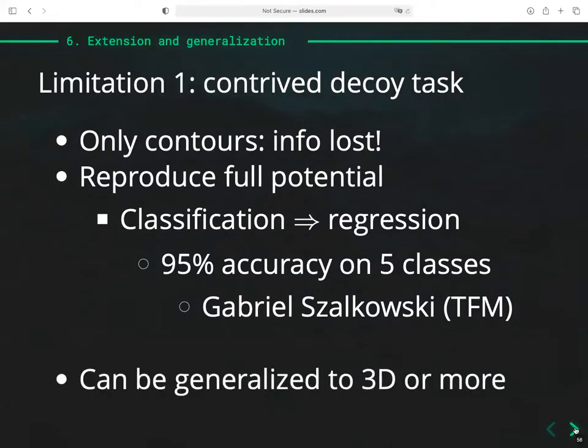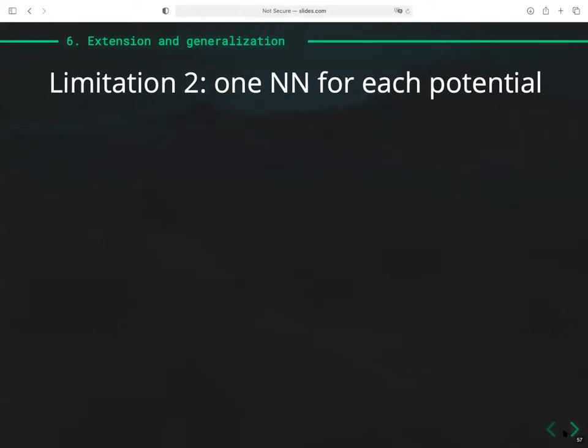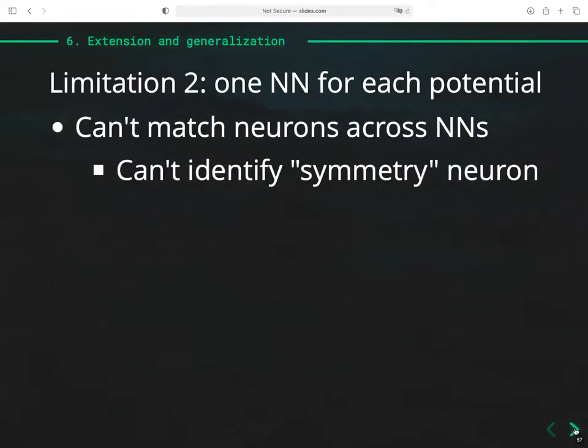The second limitation is what I said: we're training 1 neural network for each potential. So we can't really single out the neuron that has information on what symmetry there is, because we can't match neurons across neural nets. Each time we train, we start from scratch, and even if there was 1 neuron that had all the information about symmetry, in one case it's the first one, in another case it would be the last one, in another the middle.